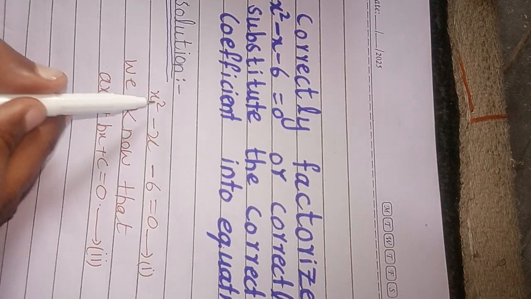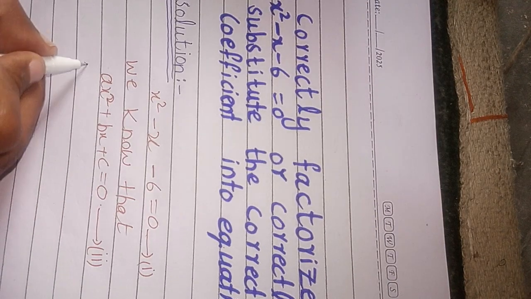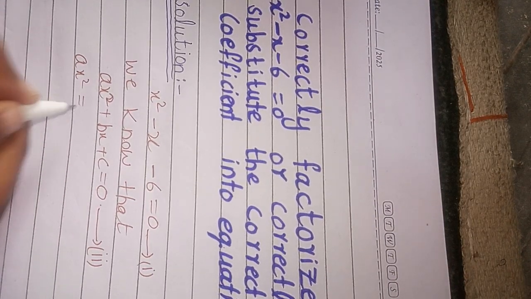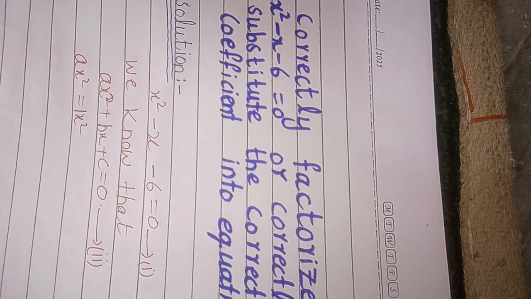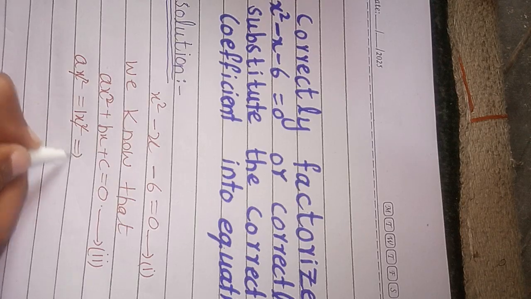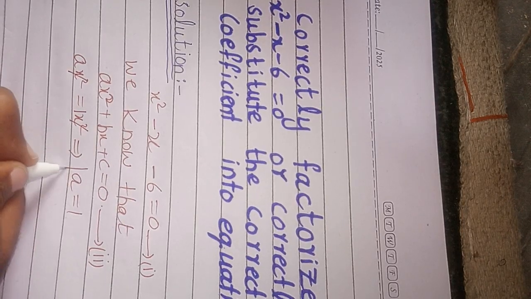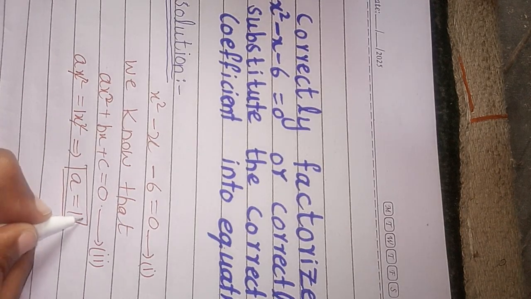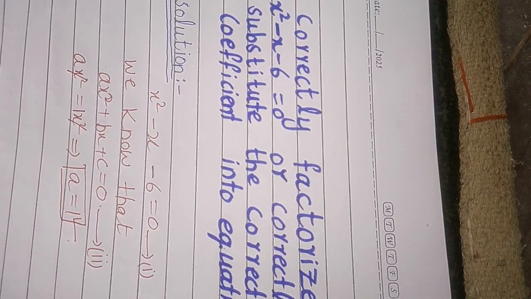So let's find them. When we compare, ax square will be equal to the x square term, and here we have the coefficient 1. The x square is cut with the x square and we get a equal to 1.